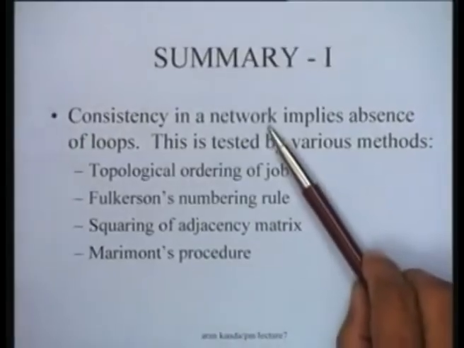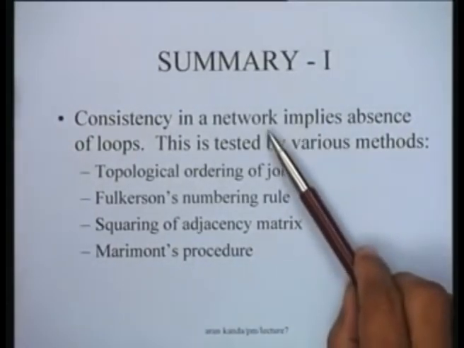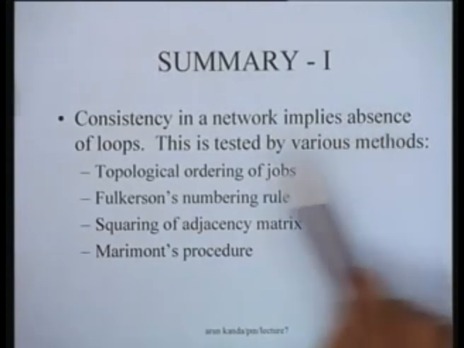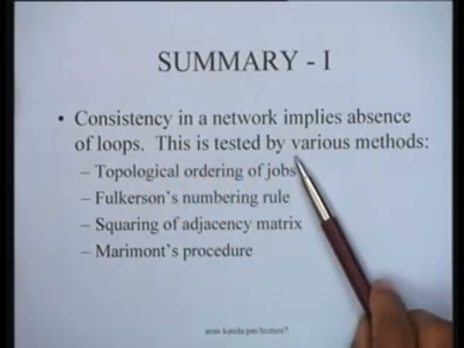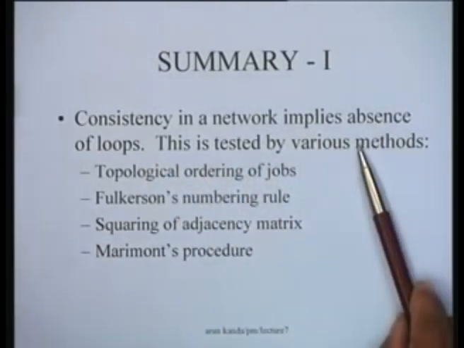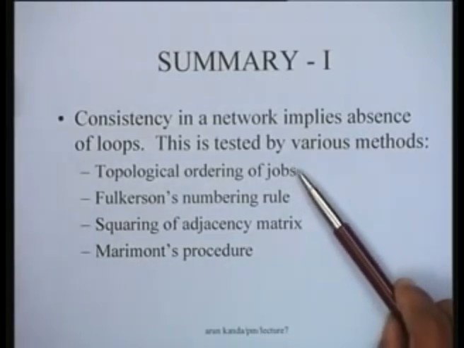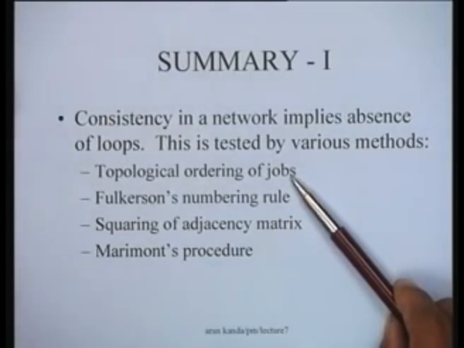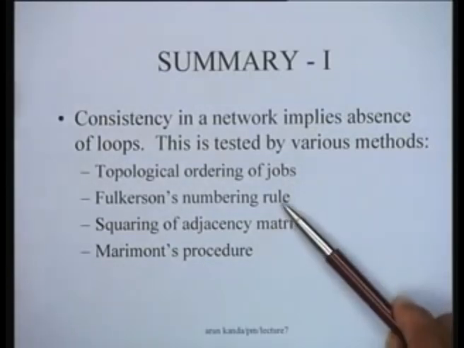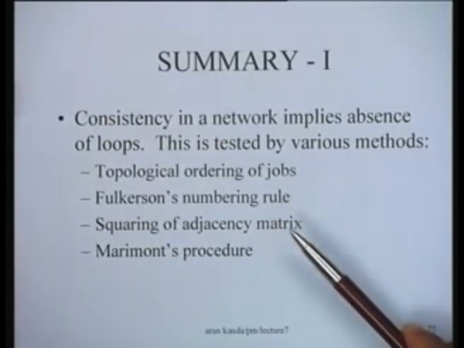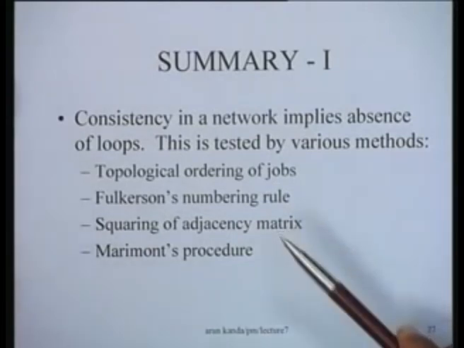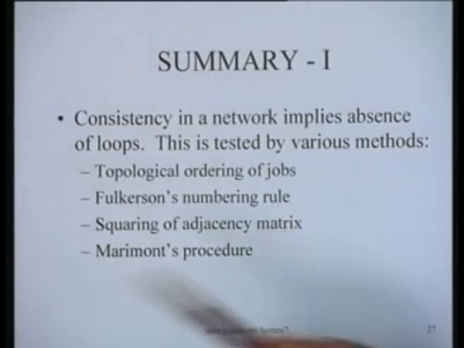By and large, we have looked at the problem of consistency in a network, and we have seen that consistency in a network implies the absence of loops, and this can be tested by a variety of methods. The 4 methods that we have studied in today's lecture are topological ordering of jobs, Fulkerson's numbering rule, squaring of the adjacency matrix, and the Marimont's procedure.